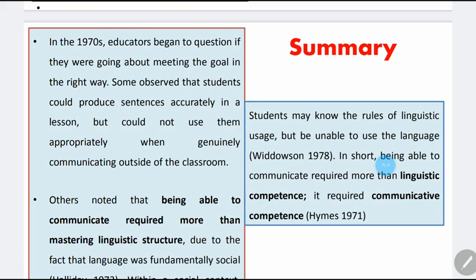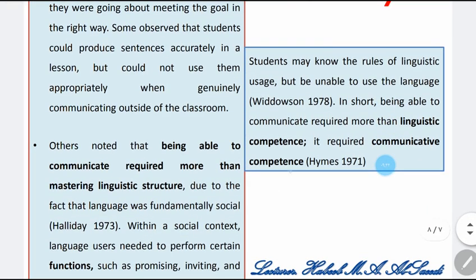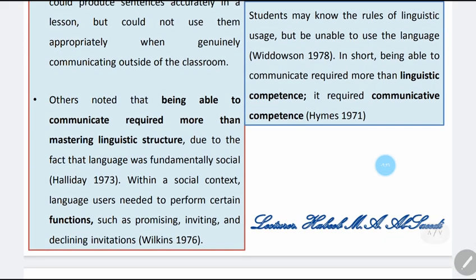Students are able to produce correct sentences in the classroom, but they cannot use the language outside the classroom. This encouraged scholars to develop communicative language teaching.